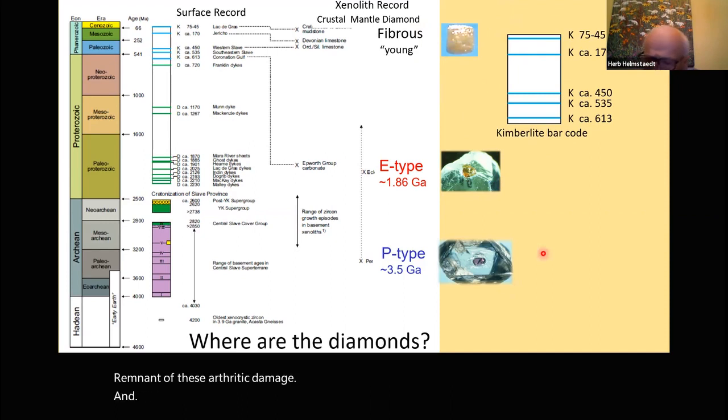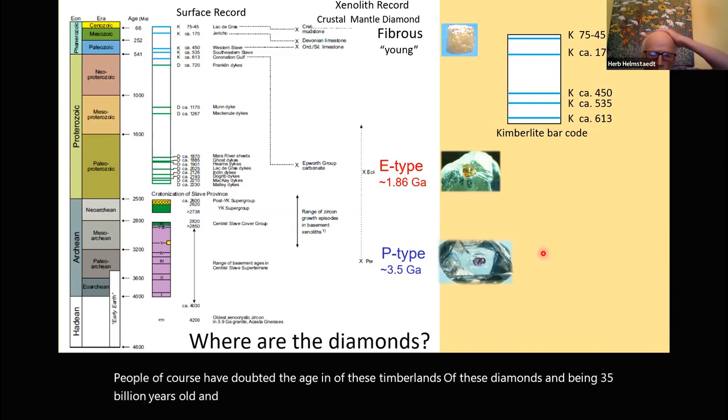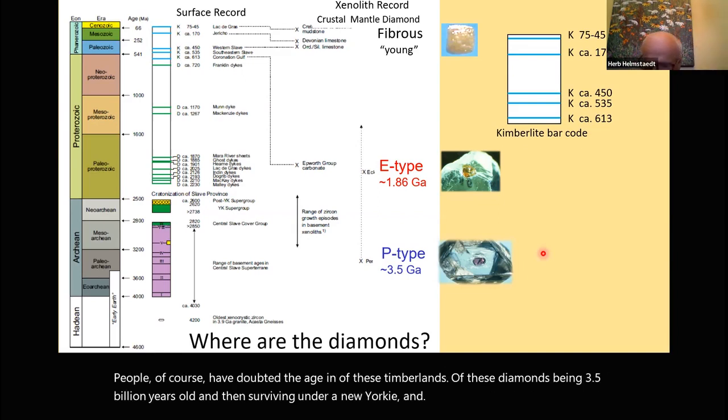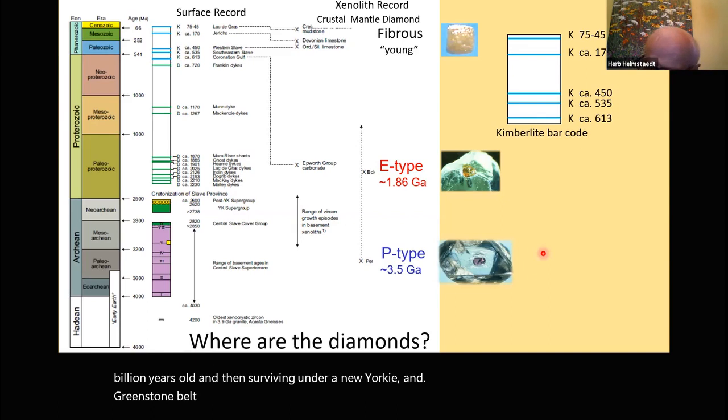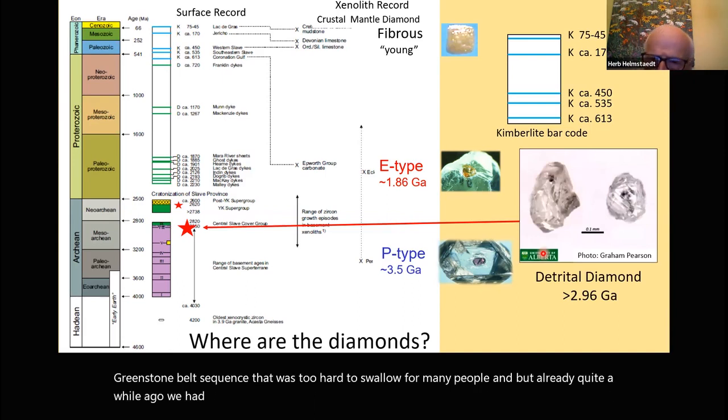And people, of course, have doubted that these diamonds being 3.5 billion years old could survive under a Neo-Archean greenstone belt sequence. That was too hard to swallow for many people. But quite a while ago, the survey had studied some of this cover group sequence, which is here.